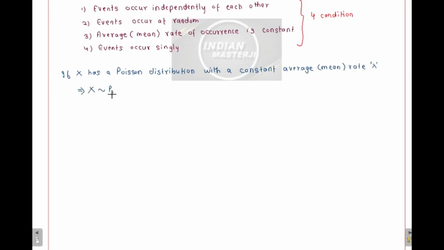We write Po as the suffix, and in the brackets we write the parameter lambda. We are writing the same statement in symbolic form.